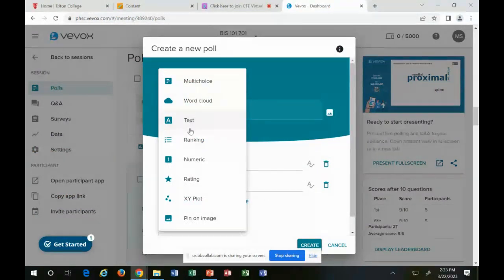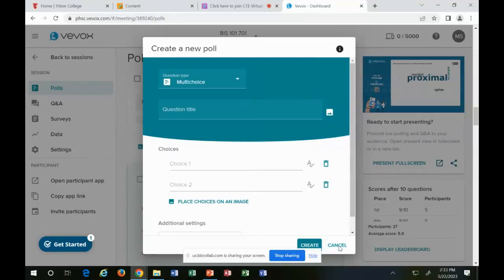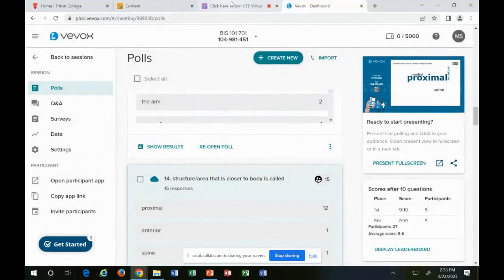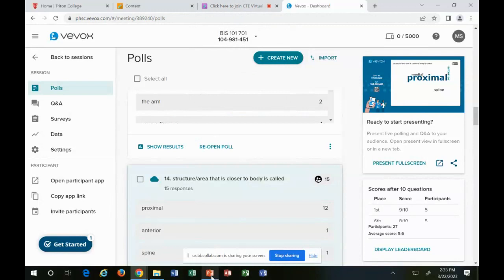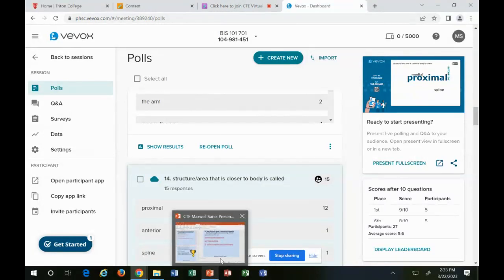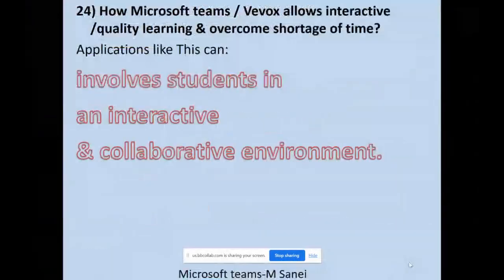You can ask them text, ranking, numeric, rating, XY plot, pin on image. I've never uploaded pictures. I didn't see that they have picture uploading. There are more features with VBox, but overall, I think it's more limited compared to Google Classroom and the other applications. And we need to learn more about them.